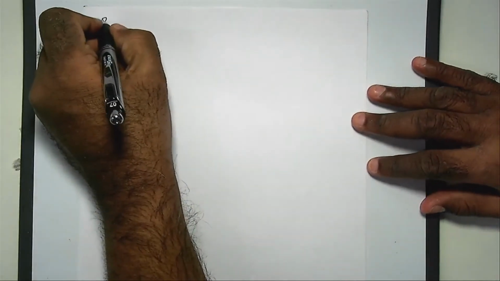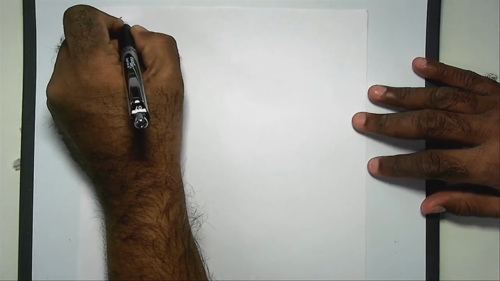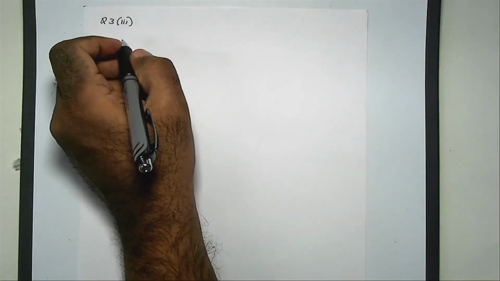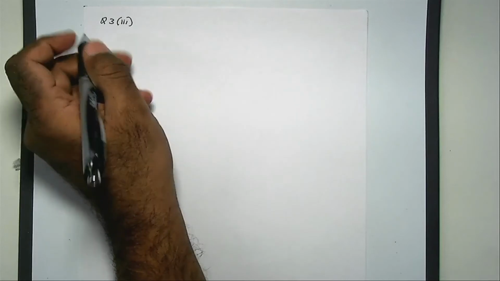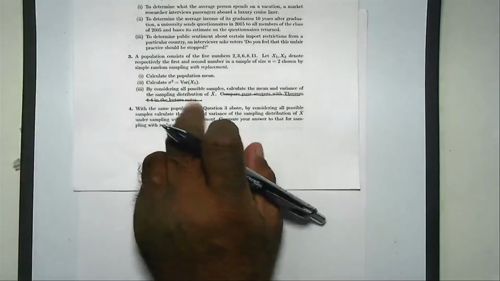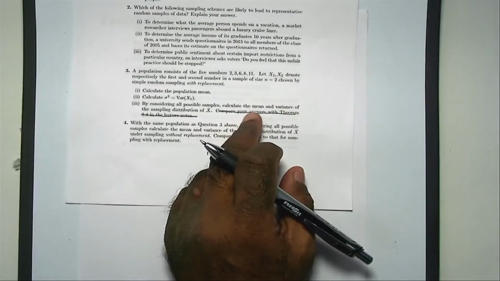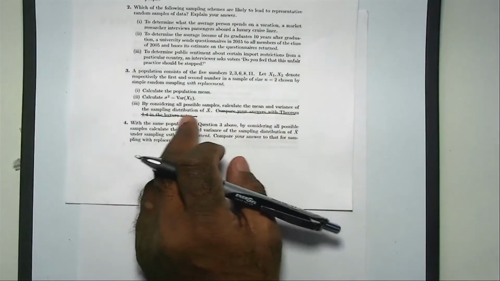Right, now let's move on to part 3. This is question 3, part 3. The question is: by considering all samples for x1 and x2, calculate the mean and the variance of x bar.